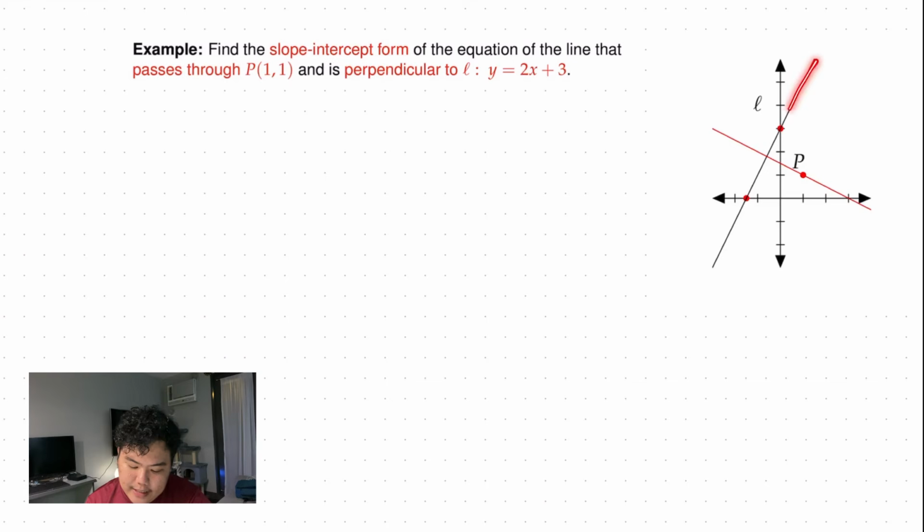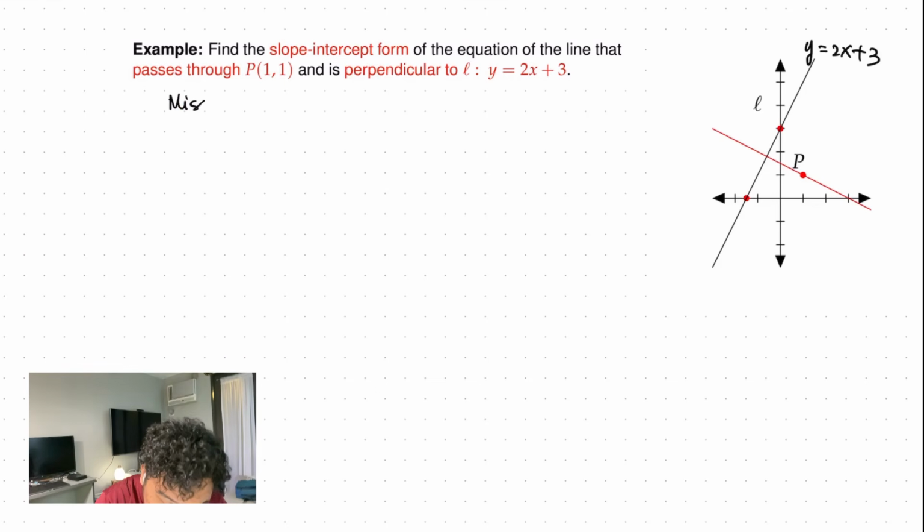So, ito yung binigay na line. Si black line siya, y equal to 2x plus 3. Okay, so yung missing line, itawag natin sa pangalang missing line.